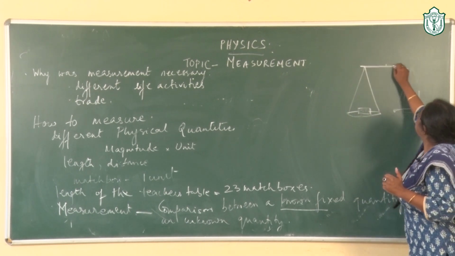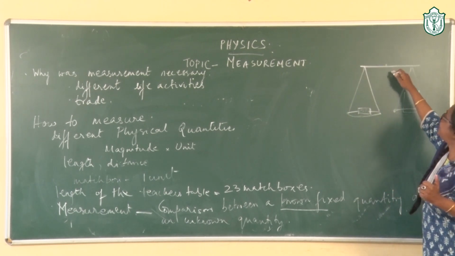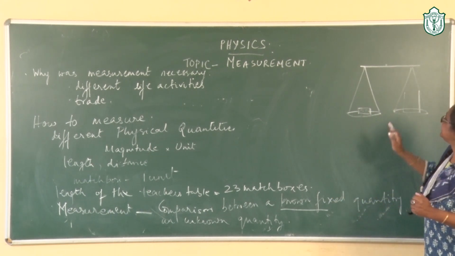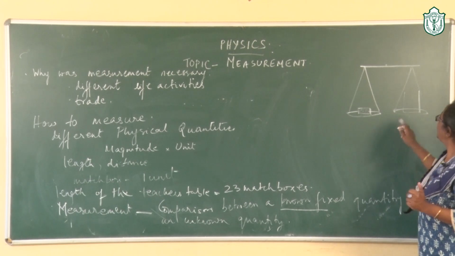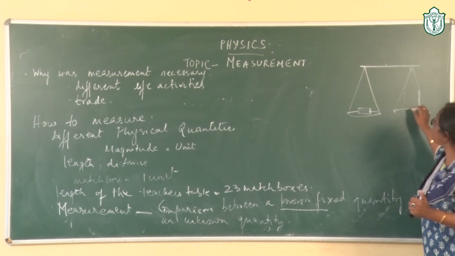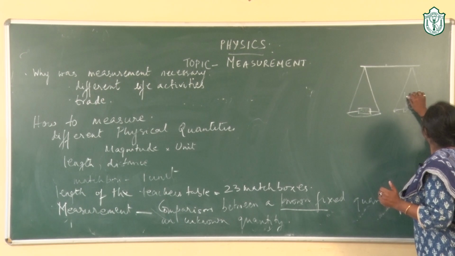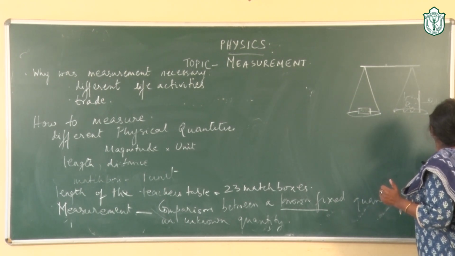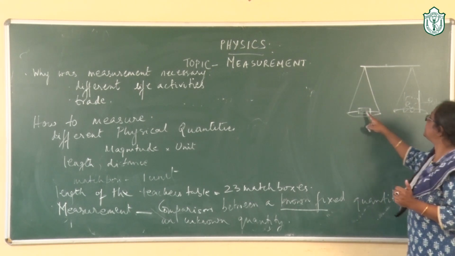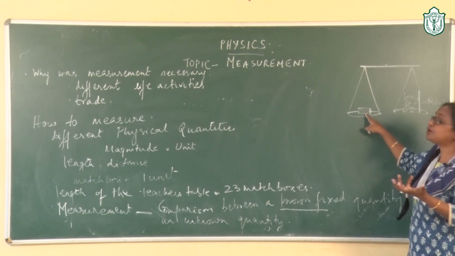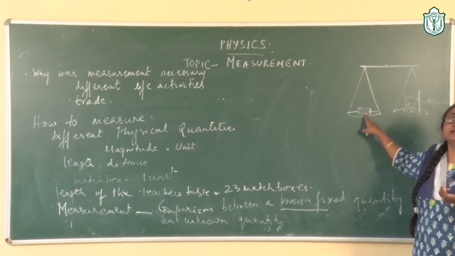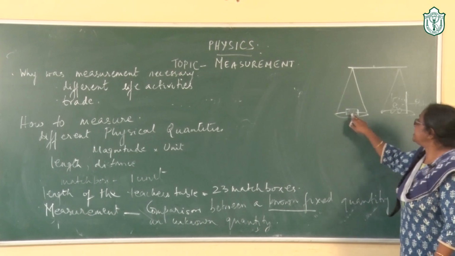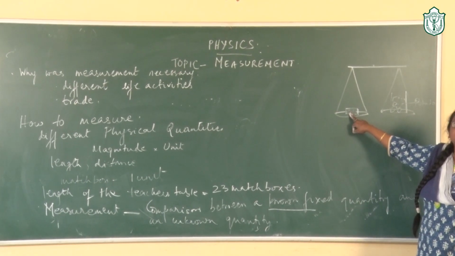And how does he get his output? He looks at the beam. When the beam is horizontal to the ground, then we know the mass of potato is equal to these, which are called standard weights. It will be equal to the standard weight, which is 5 kg.